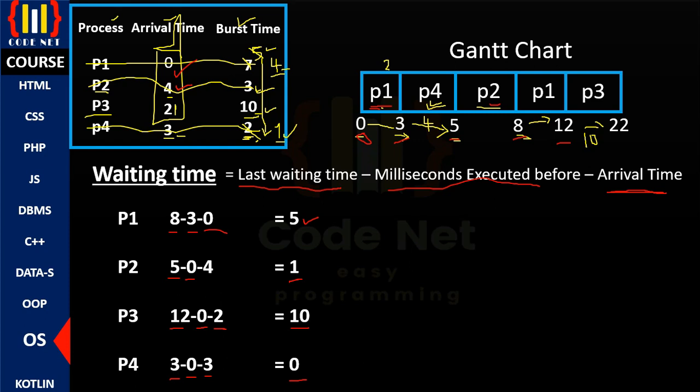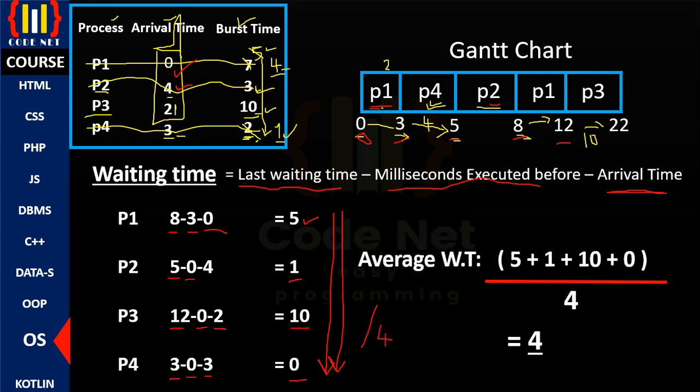Hence now we can calculate the average waiting time. Average means adding all these waiting times and dividing by the total number of processes, which is 4. Here is the actual average waiting time: 5 as the waiting time for process 1, 1 for process 2, 10 for process 3, 0 for process 4. Add up and divide by 4.